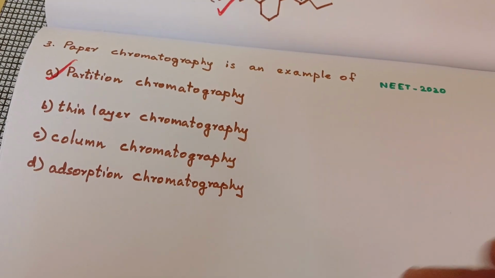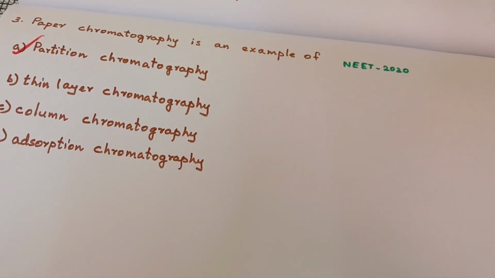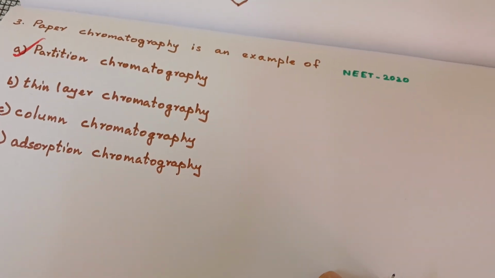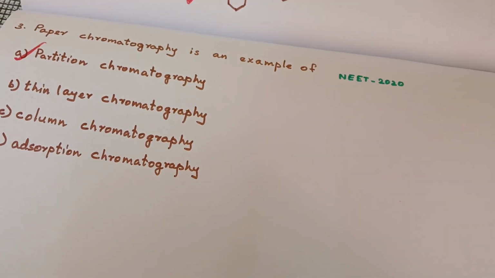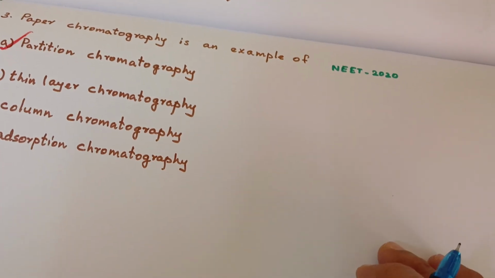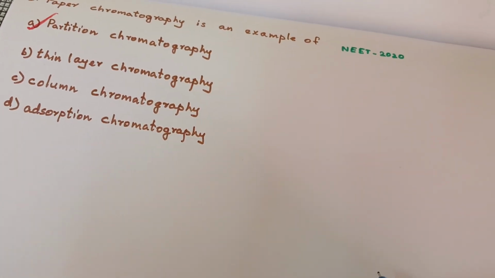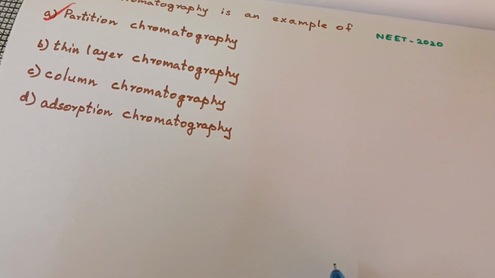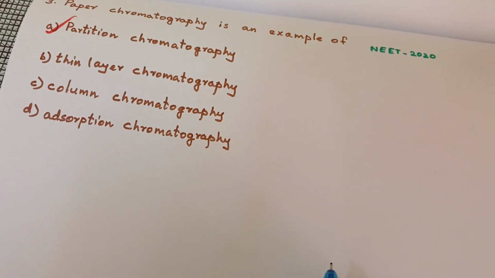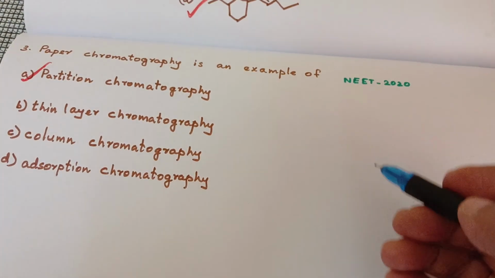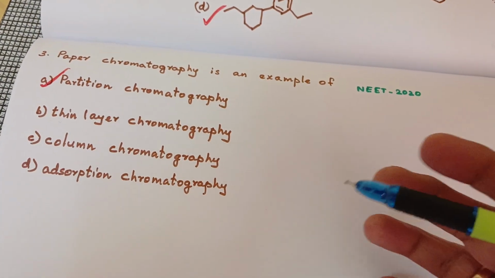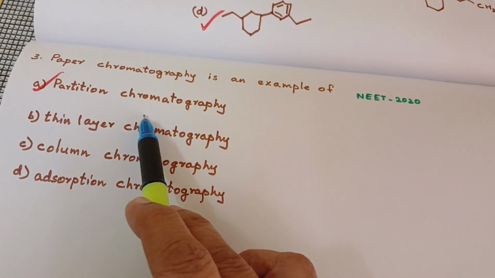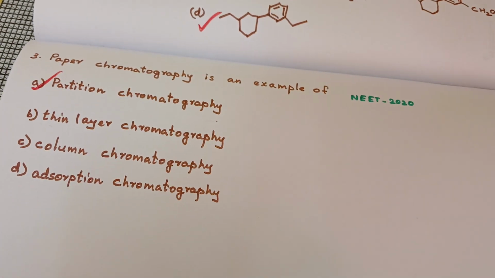So components more soluble in the mobile phase, the solvent, will move faster, whereas components which are more soluble in the stationary water phase will move slower, and thus they get separated. That is why partitioning or separation happens. That is why we call it partition chromatography.